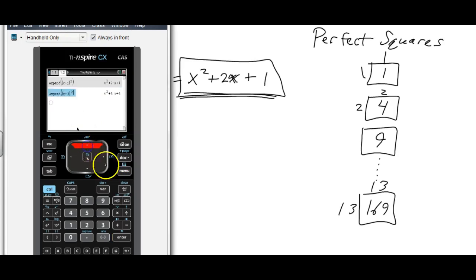And if I do that again, changing this to a 3, and do it one more time, changing that to a 4. And usually that's enough for students to kind of see the pattern there.